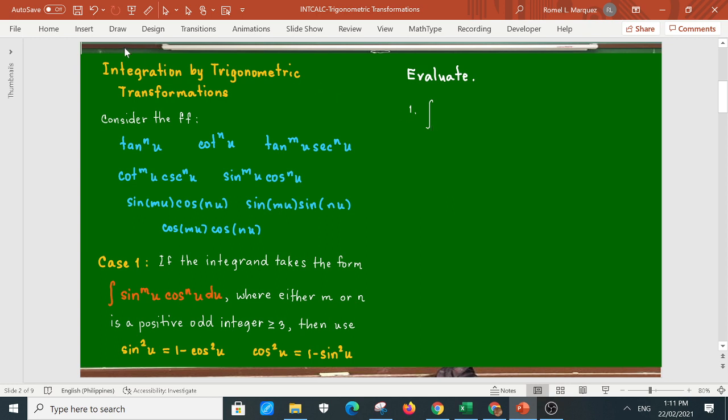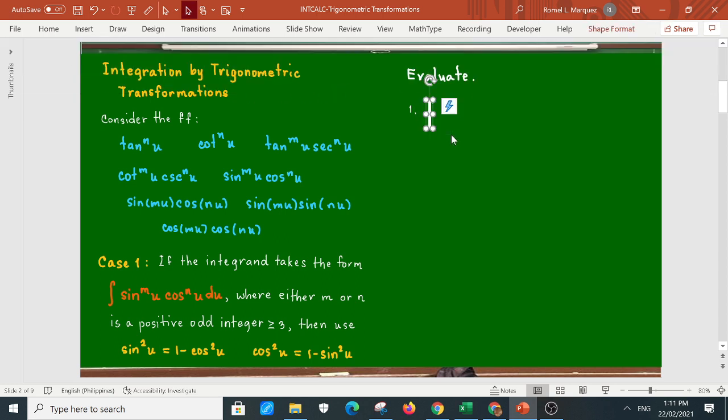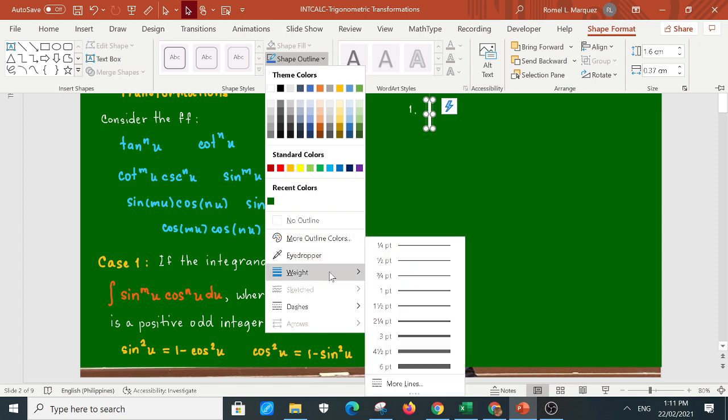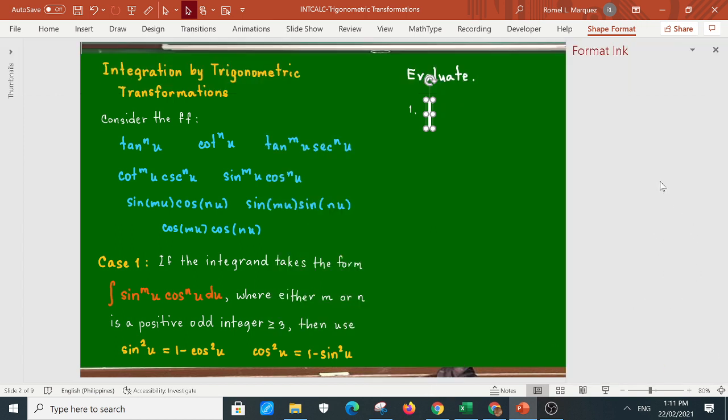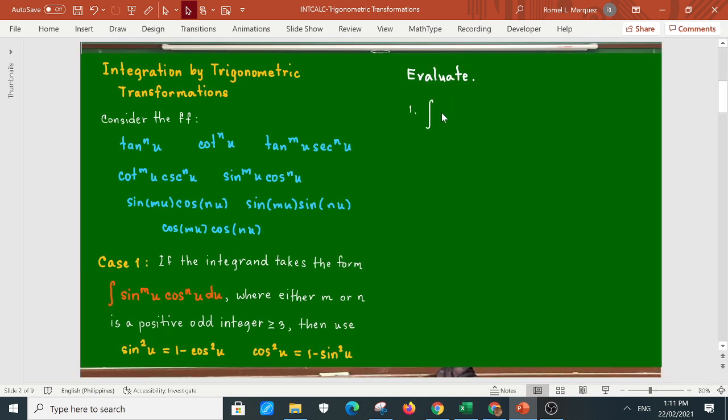I think I need to keep this beautiful one. It's not easy to make a nice one. Select and then shape, make it thicker by making it at least twice the thickness, and then make it a little higher.